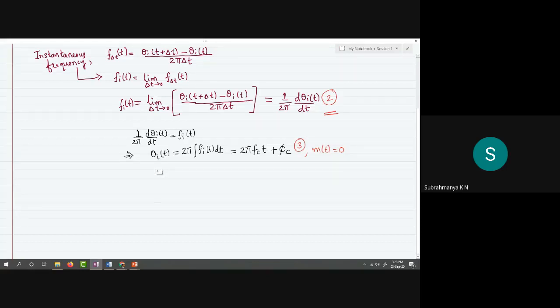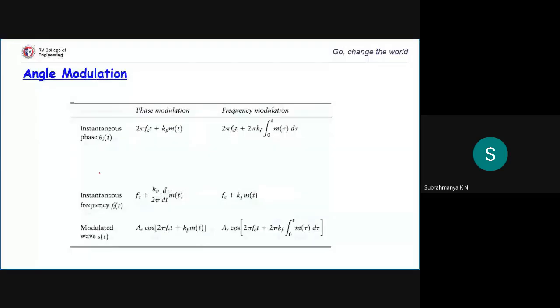Here fi of t is nothing but 1 over 2 pi d theta i of t over dt, or theta i of t is the integration of fi of t. So if this is the instantaneous phase of the PM wave, you can arrive at the instantaneous frequency fi of t using this expression. Finally, we have deduced that the phase modulated wave has the form cos of 2 pi fct plus kp times m of t.